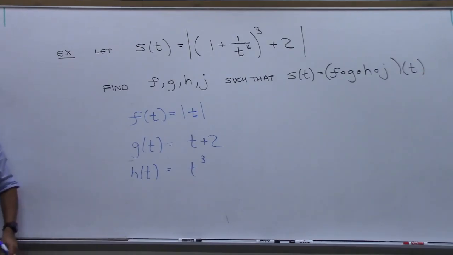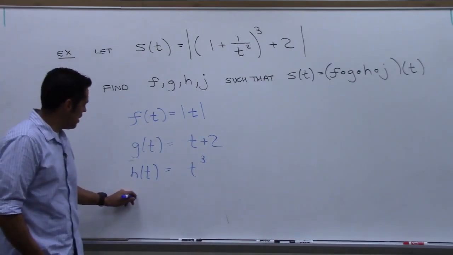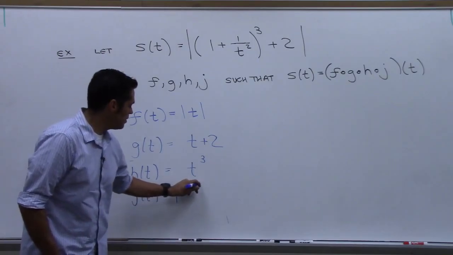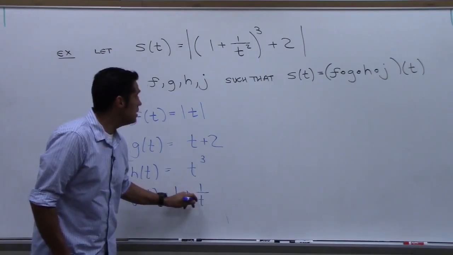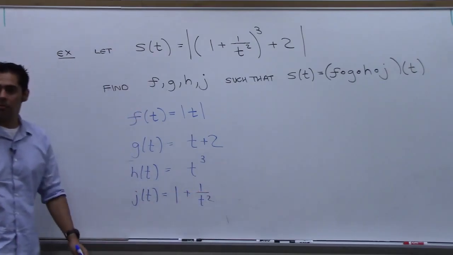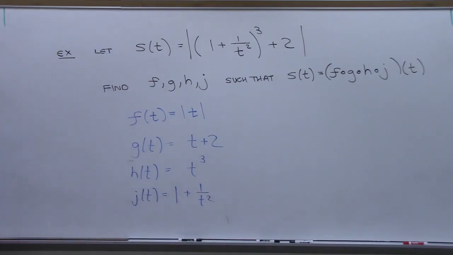We only have one option for the next one, don't we? J of t would be 1 plus 1 over t squared. That's our only option? That last one's not very pretty.